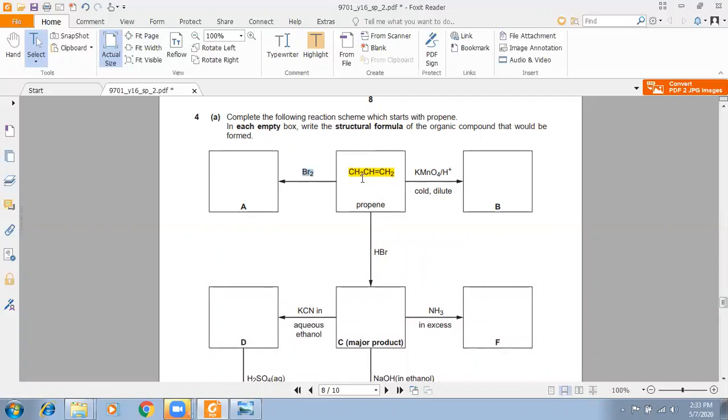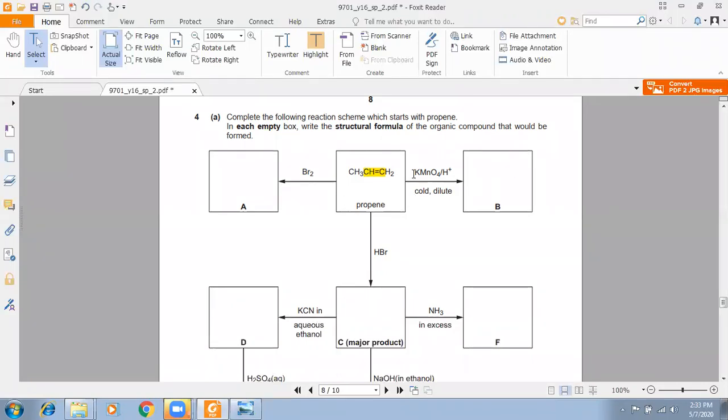And we know where the reaction will take place: in the carbon-carbon double bond only, nowhere else. So this double bond will break down and one bromine will be added to this carbon, another bromine will be added to this one. So we'll get dibromopropane. In fact we get 1,2-dibromopropane.